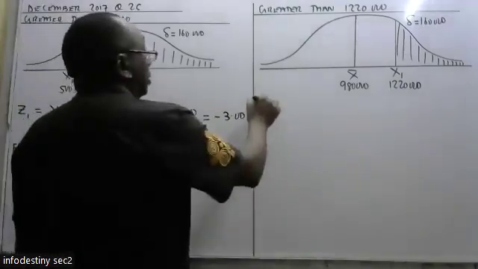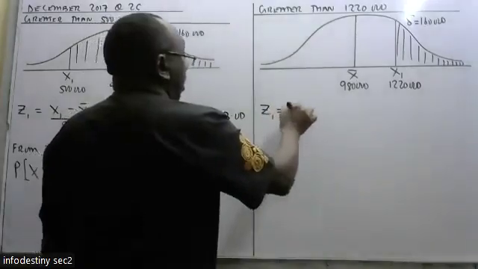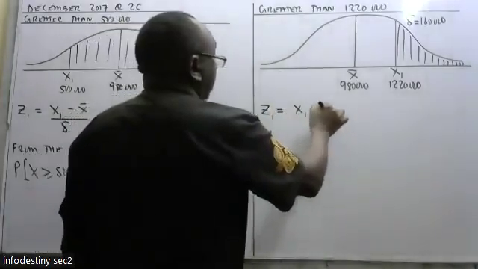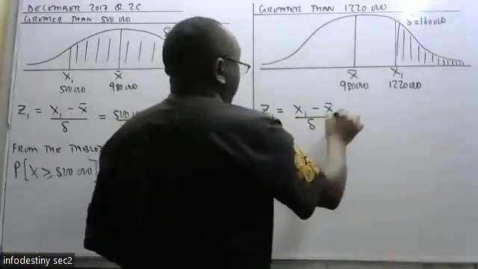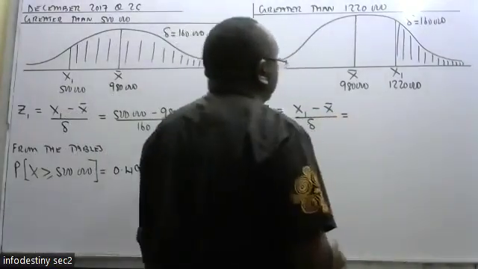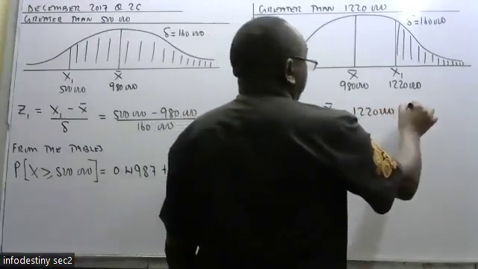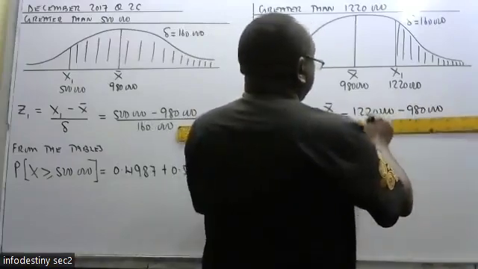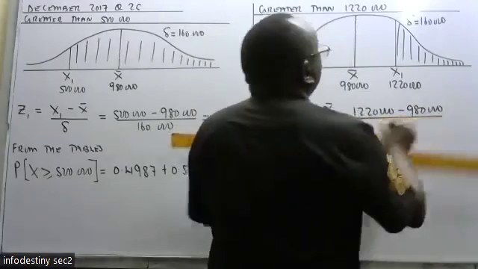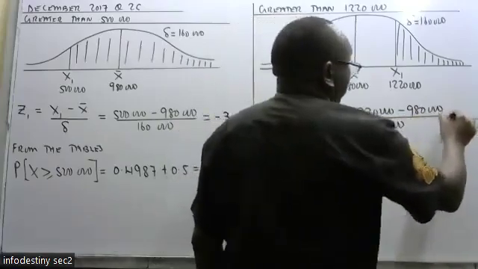So Z1 is X1 minus X bar, you divide by standard deviation. So this will be 1,220,000 minus 980,000, you divide by 160,000.